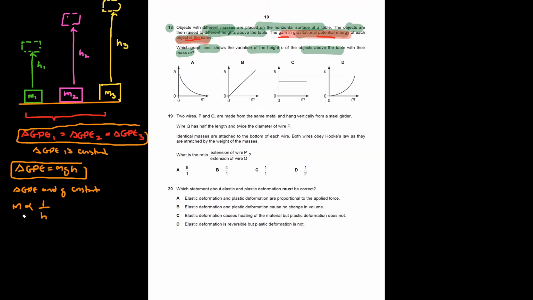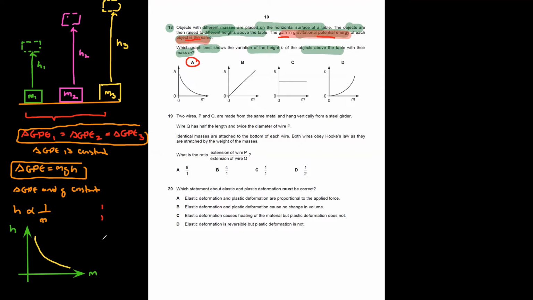Or put it another way, height is inversely proportional to mass. Let's just follow what the question wants. Height is inversely proportional to mass. So if you were to draw a graph of height versus mass, like what the question wanted, you are supposed to get a curve like this. The answer is actually A.